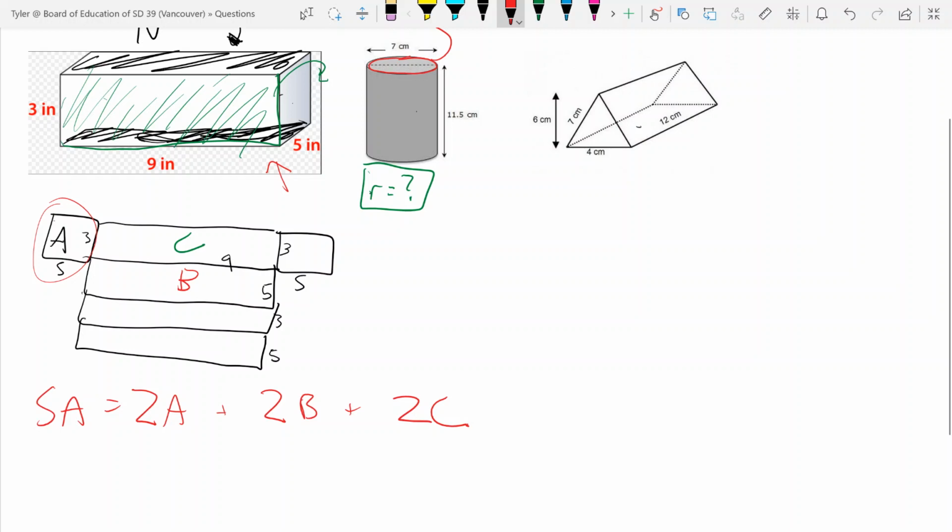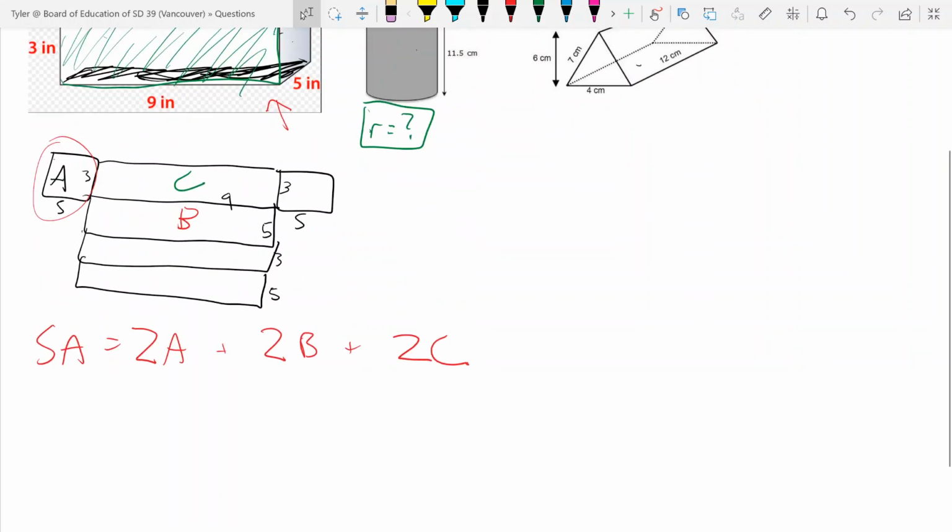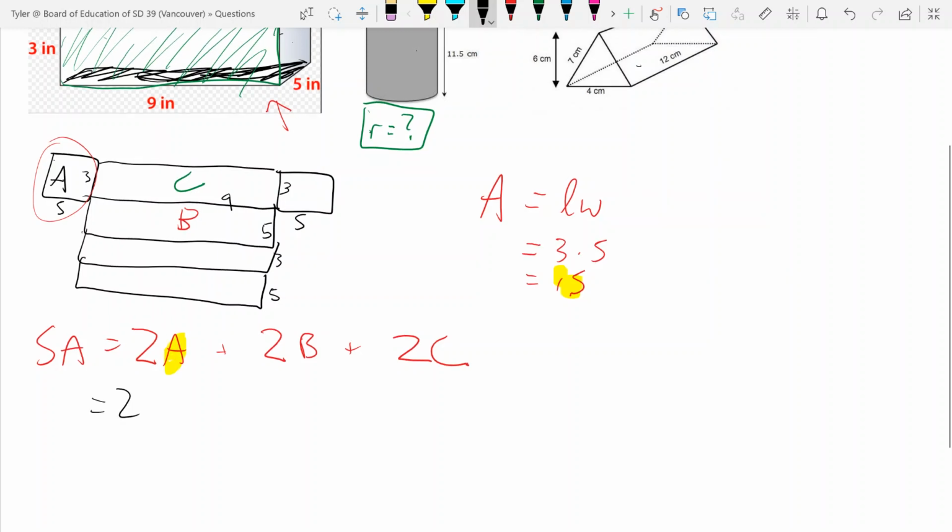So let's find the area of each one. Area for A is length times width, and we have our shape over here. That's going to be 3 times 5, which is 15. Cool. So I can put that 15 into A right over there. Now I need to find B. Looking at our picture, it's going to be 9 times 5.